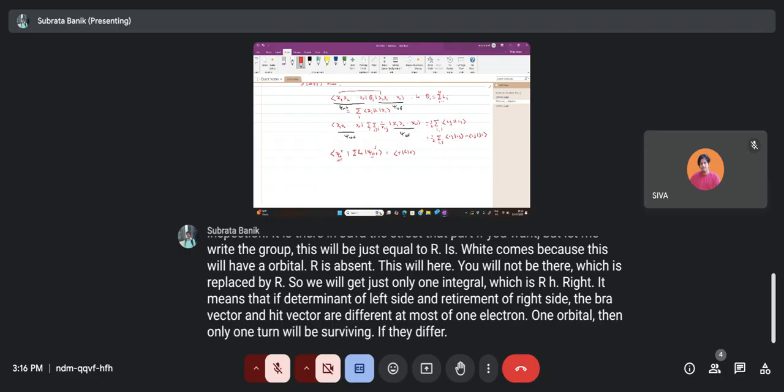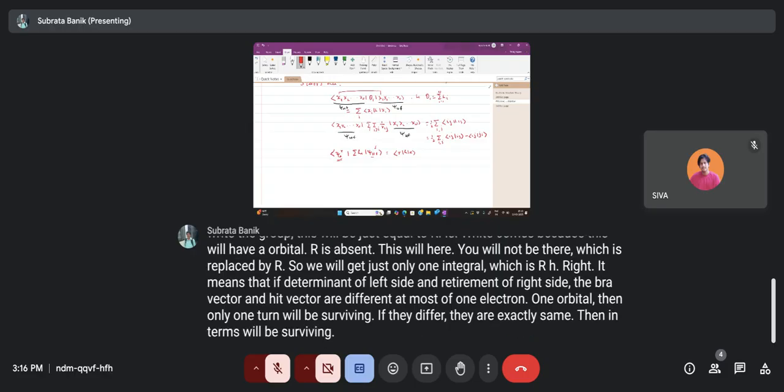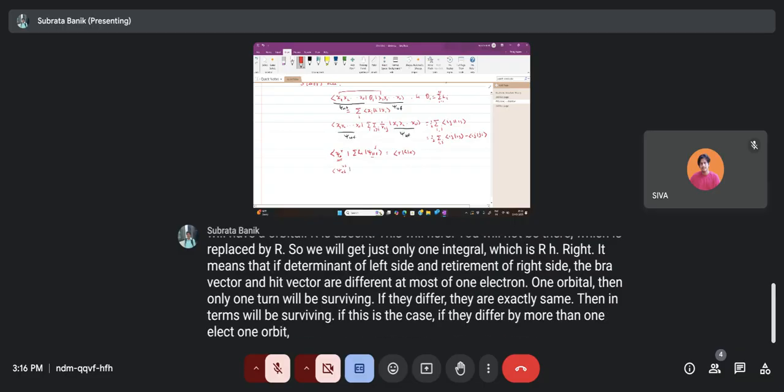If they are exactly the same, then n terms will be surviving. If they differ by more than one orbital, then this will be zero.